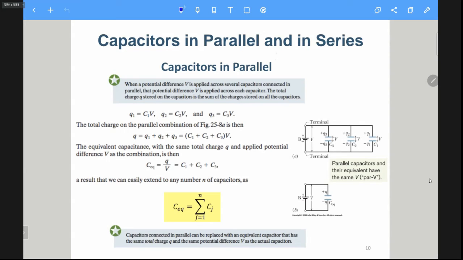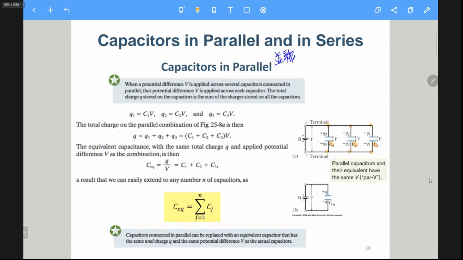capacitance, in Chinese called 并联. So 并联 parallel is like we have C1, C2, C3. So we connect all the top plates together, and also we connect all the bottom plates together. So this is called parallel.